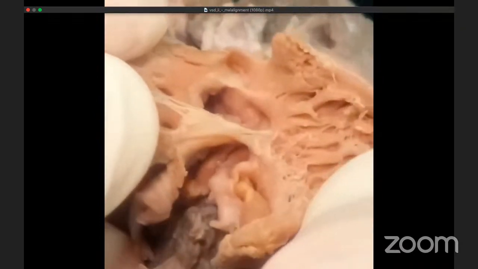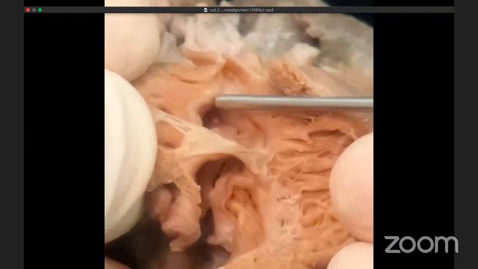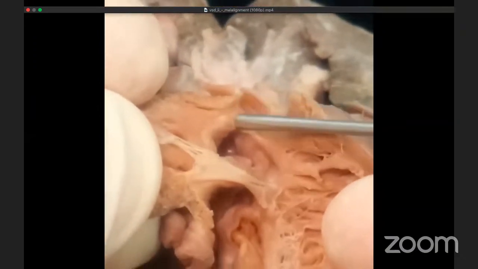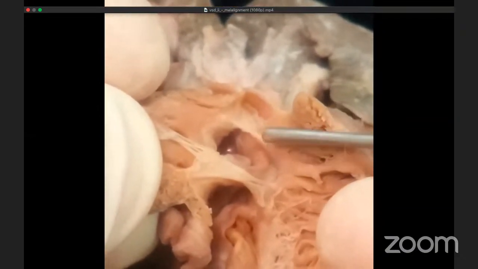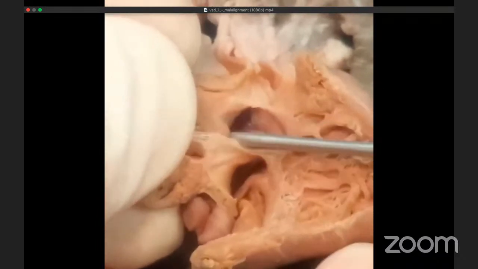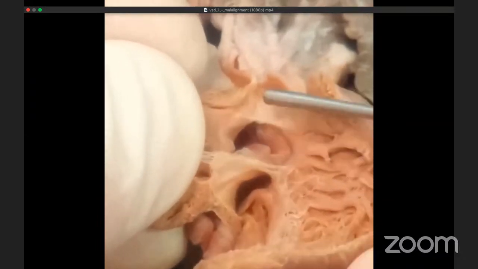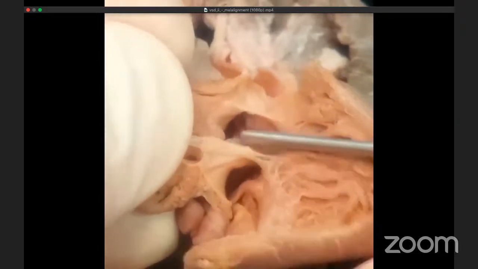Well, there is again malalignment between the remnant of the outlet septum, so this fibrous strand which has failed to muscularize from those fusing proximal outflow tract cushions, and it's remained as a fibrous cord there separating the pulmonary valve from the aortic valve.